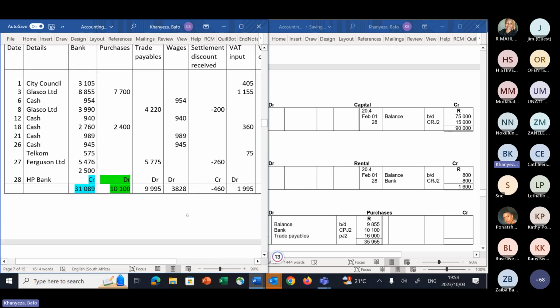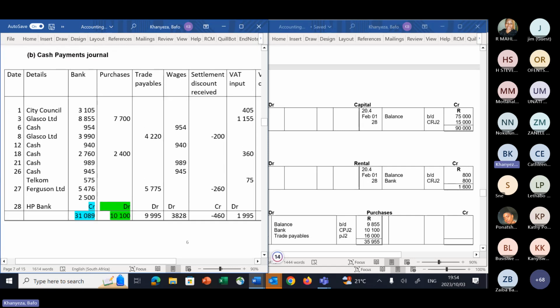Because if you don't follow any pattern and do it randomly, you're going to get confused in accounting. You must have some pattern, whatever pattern you choose to follow.